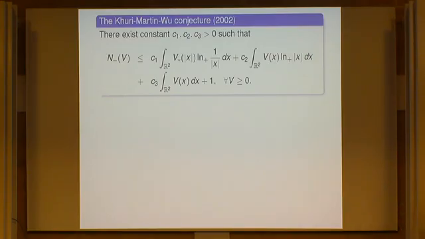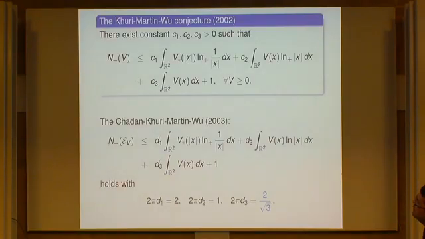This was the conjecture, and then one year later they even specified the constants. The slight difference between these two inequalities is that in that paper they looked at log with a plus, here without. So for small values of x it might be negative, but then it's controlled by the other term. They conjectured that the constant should be this. They had factors of pi; I wrote it slightly differently.